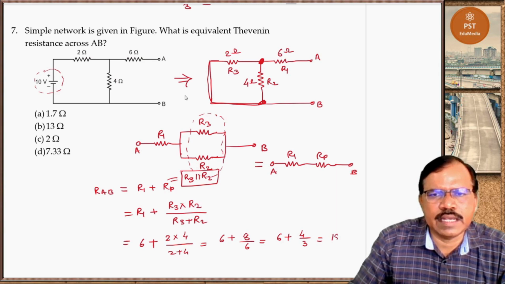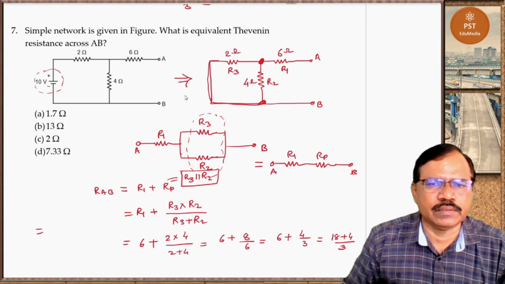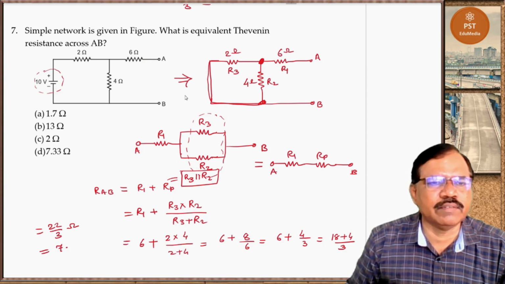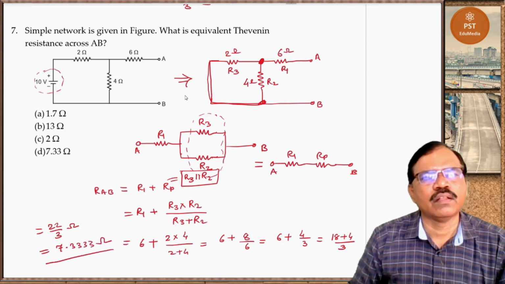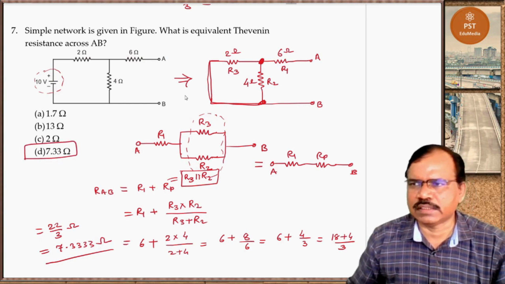So it is 18 plus 4 by 3. So it is 22 by 3 ohm. So it is 7 point, 7 into 3 is 21, so you will get 7.3333 ohm. So here this last one is correct.